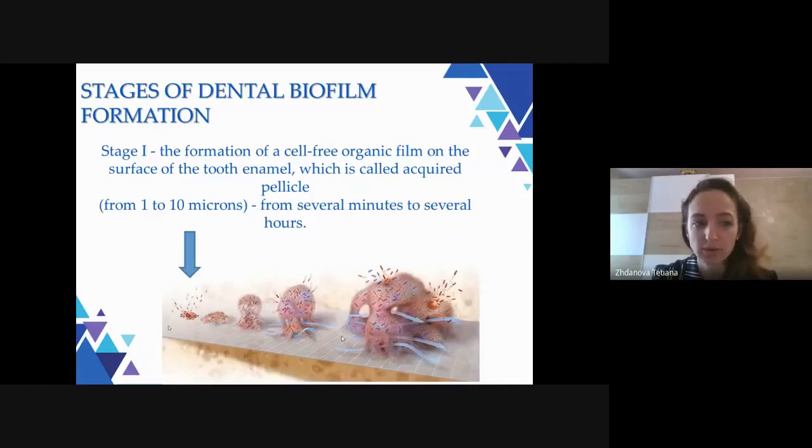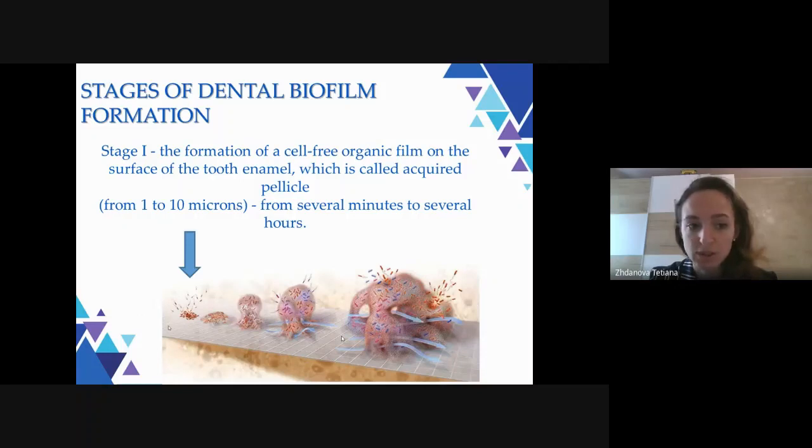Stages of dental biofilm formation. Guys, attention please, because this question will be in your tests on our practical lessons, and when you prepare for the krok.